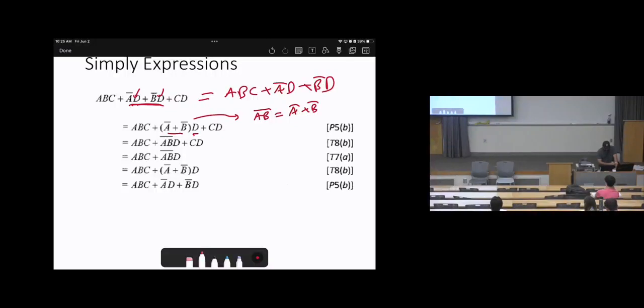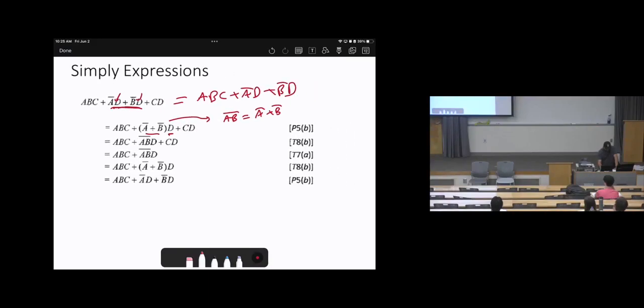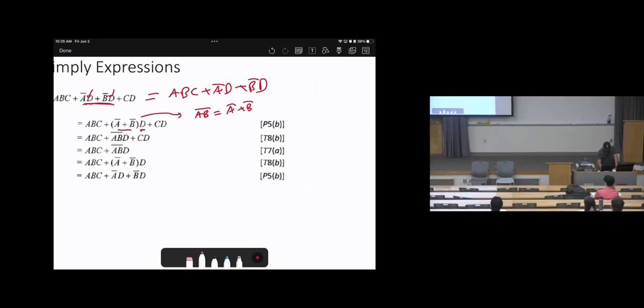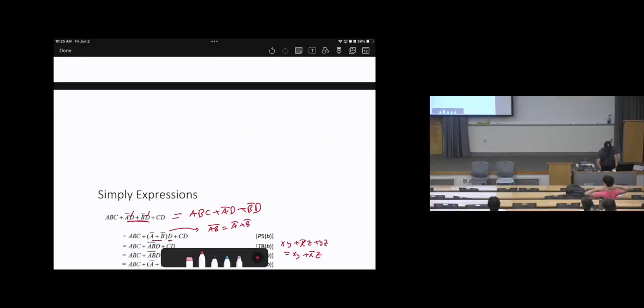Then there is another theorem here that we know, let me write it here. XY plus X bar Z plus YZ equals XY plus X bar Z. This theorem, we already know it here.